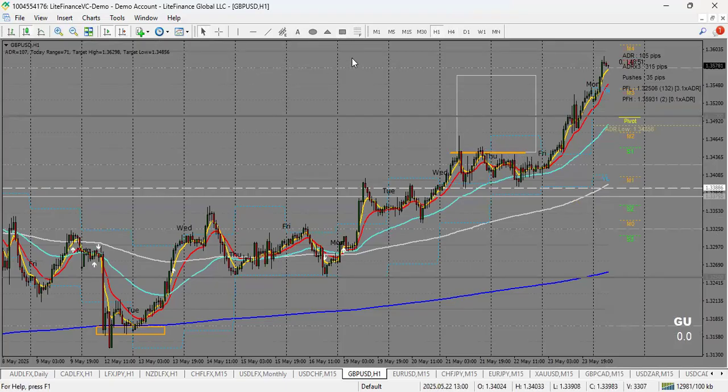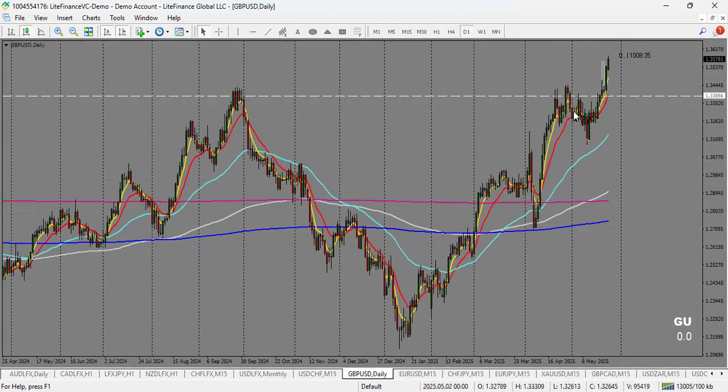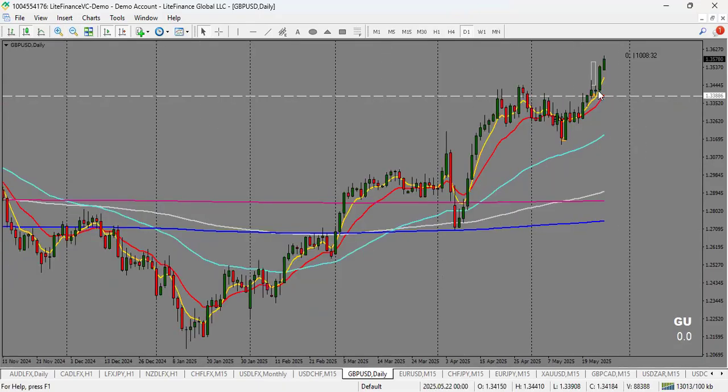And so this here is what we call a quick reset. What are the characteristics of a quick reset? They usually form around the 50 MA on the hour one time frame. And if you go to the daily, it will be a continuation of a trend, and price bounces around the 5 EMA, the yellow one, the master.